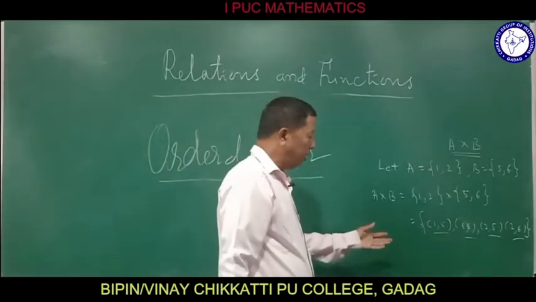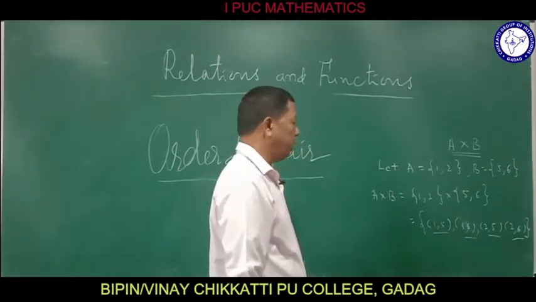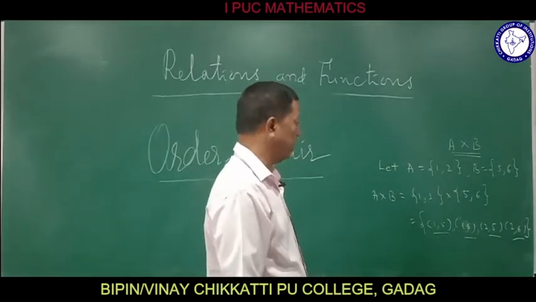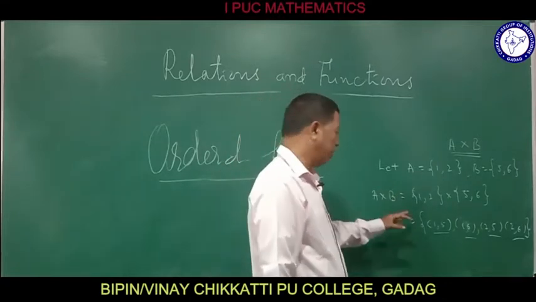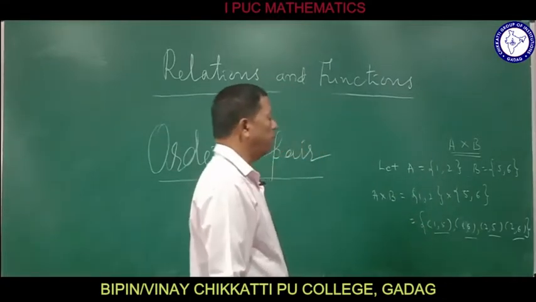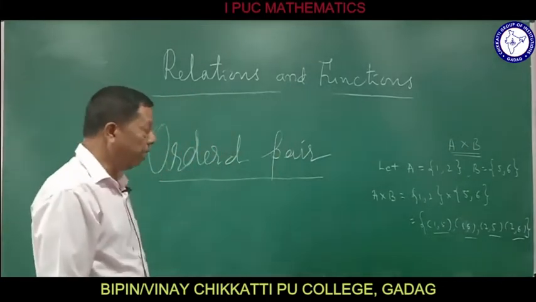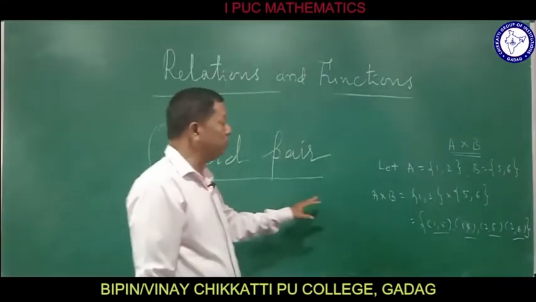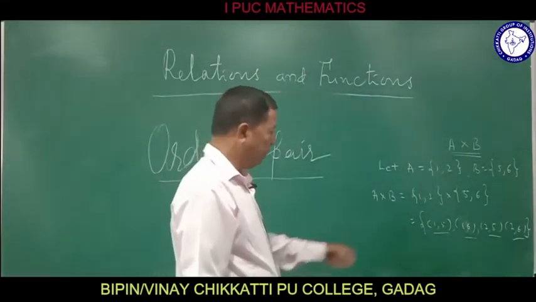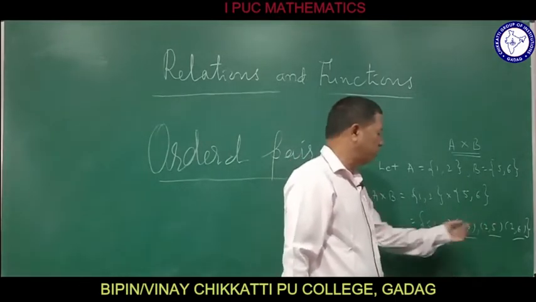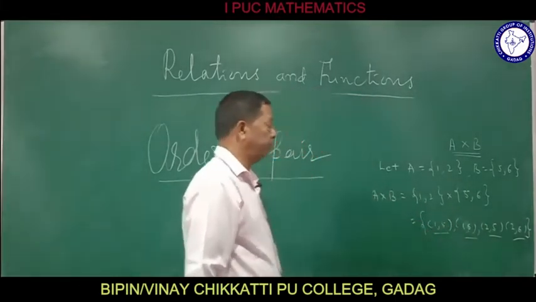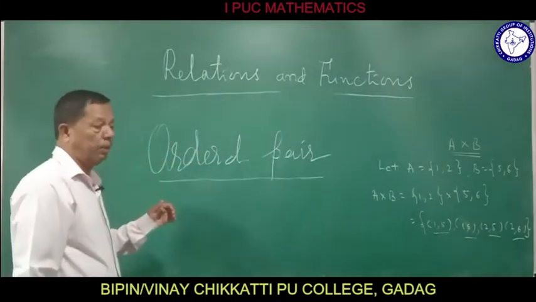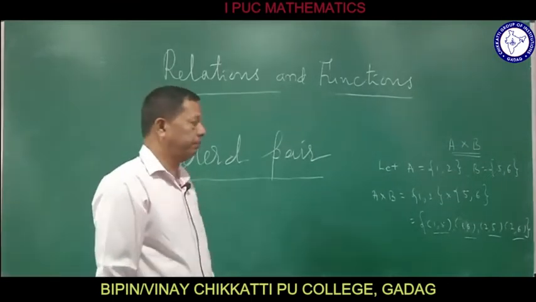When two non-empty sets are multiplied according to the Cartesian method, we get ordered pairs. So now the question arises: what do ordered pairs mean? Here we find that (1, 5), (1, 6), (2, 5), (2, 6) are called ordered pairs. Ultimately the question arises: what do you mean by an ordered pair?